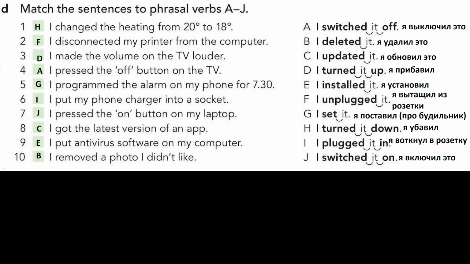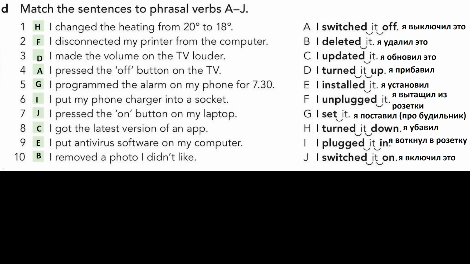1, H, I changed the heating from 20 degrees to 18 degrees. I turned it down. 2, F, I disconnected my printer from the computer. I unplugged it. 3, D, I made the volume on the TV louder.